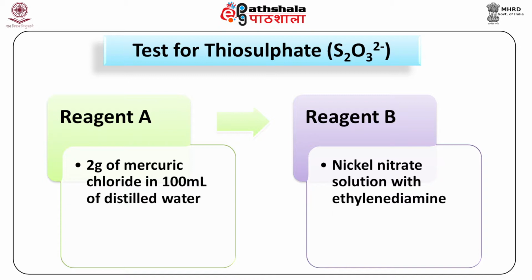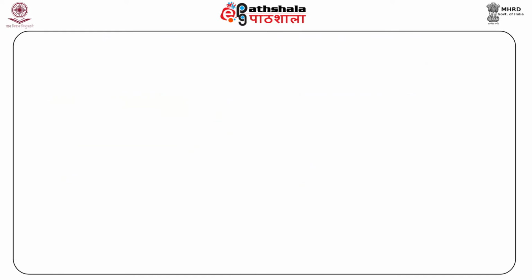Reagent B is prepared by treating a little nickel nitrate solution with ethylenediamine until a violet color appears.